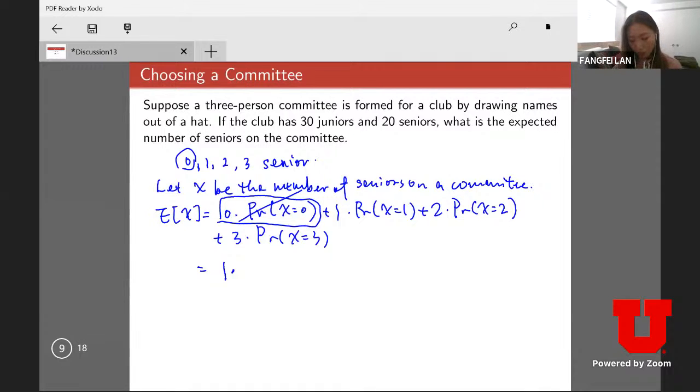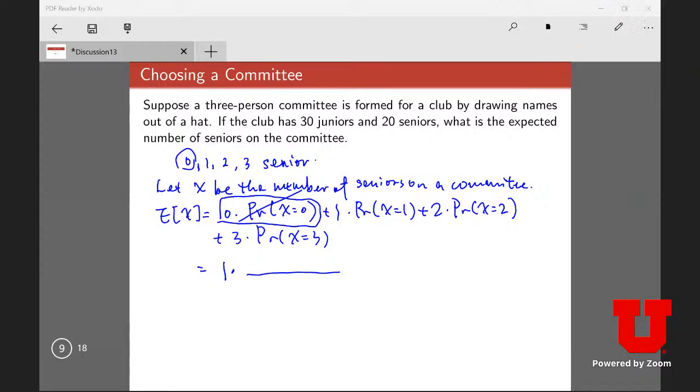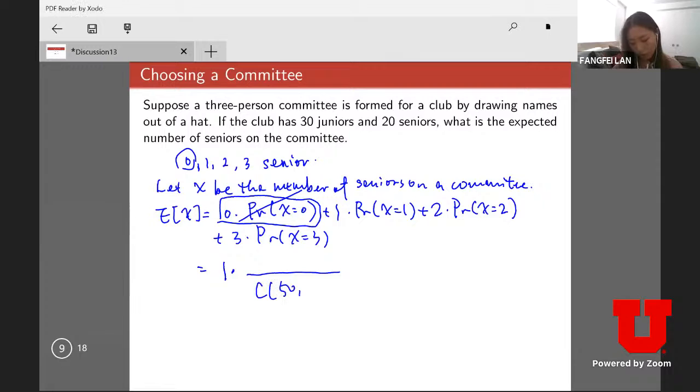So how many different ways can we choose 3 members out of everyone? 50 choose 3, right? So we're choosing 3 people out of 50 people.